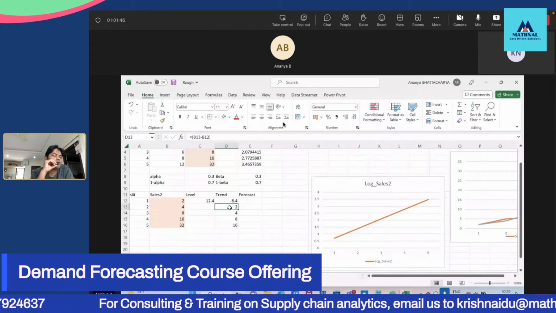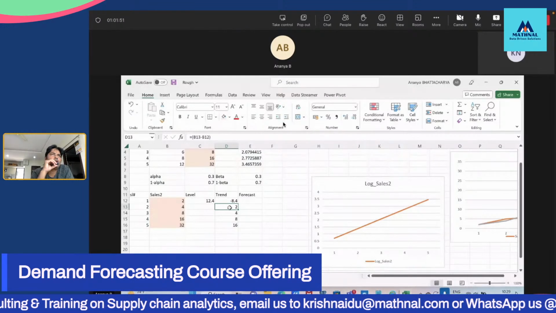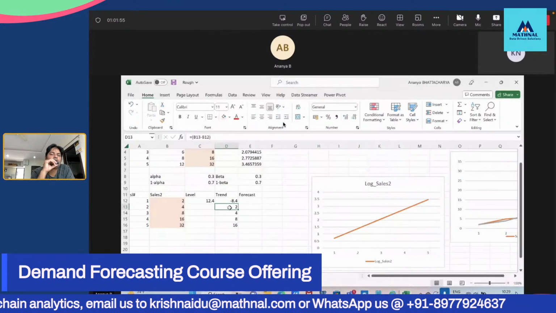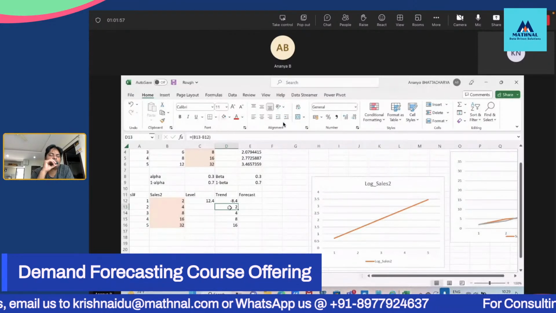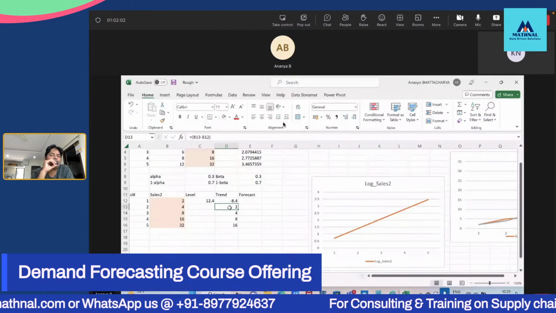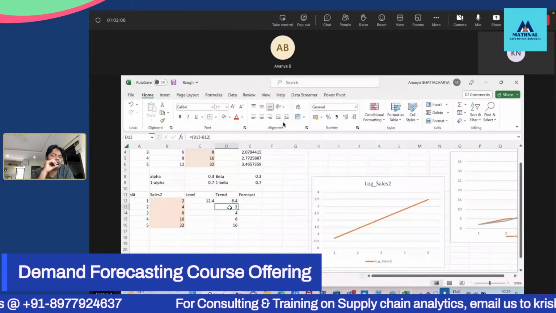See, what we are trying to do is use an assumption there. We are not saying that a trend is going to start from the first value. We are assuming the first level is 12.4, by taking the average.